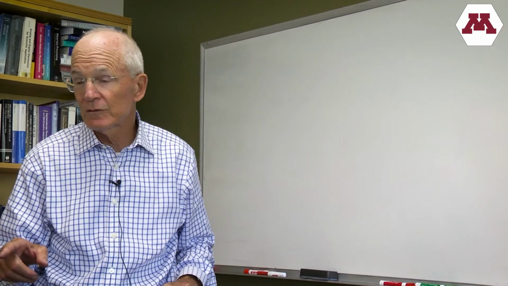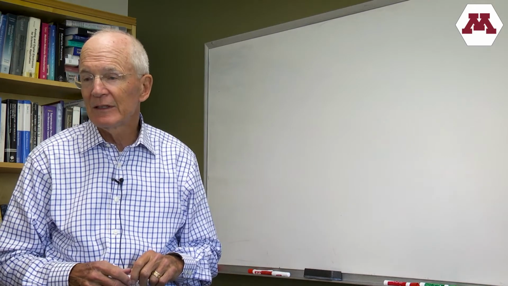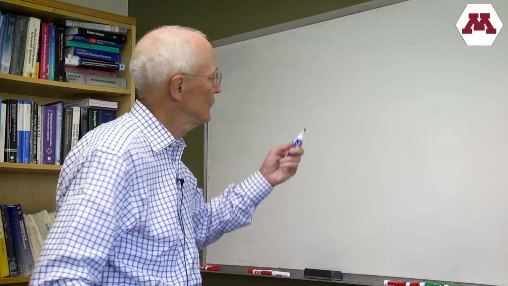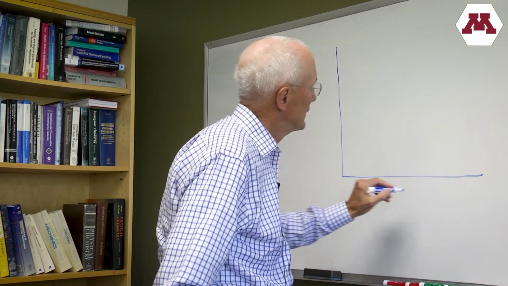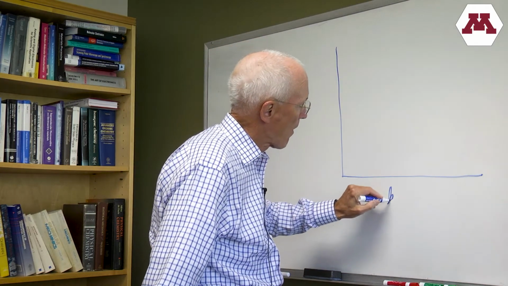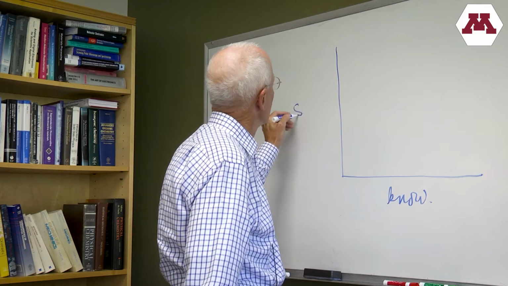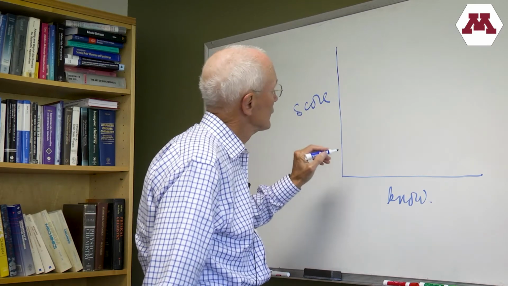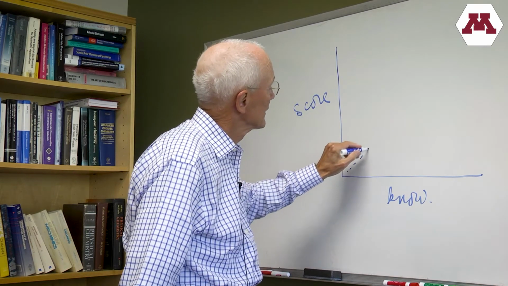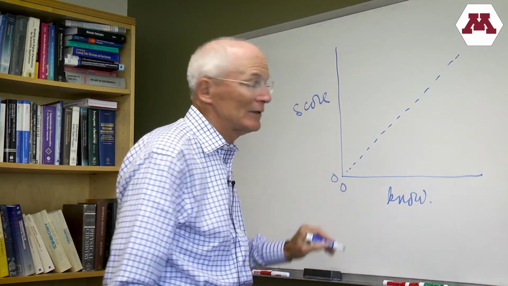One of the assumptions undergraduate students make, that's a big mistake, is about a plot of what they know versus their score on an exam. Students think that this is going to look like this, that if they know nothing, they'll get a 0 on the exam.